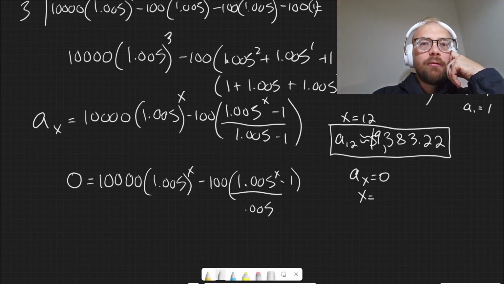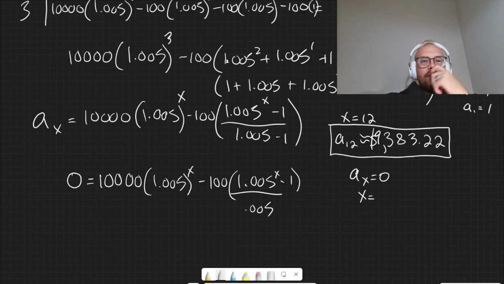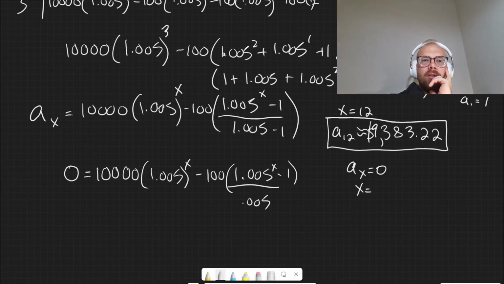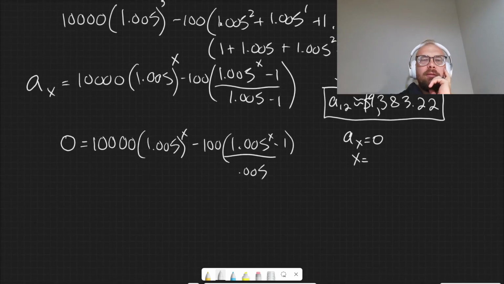So the first thing I think I'll do is distribute the 100. I did this a little differently when I first did it. I think I did it in more steps than I needed to, so let's see if I can do this in fewer steps.